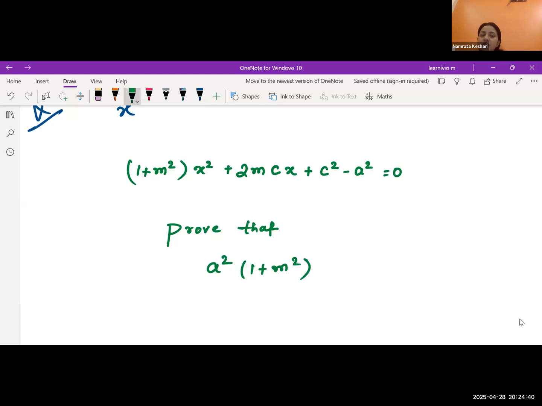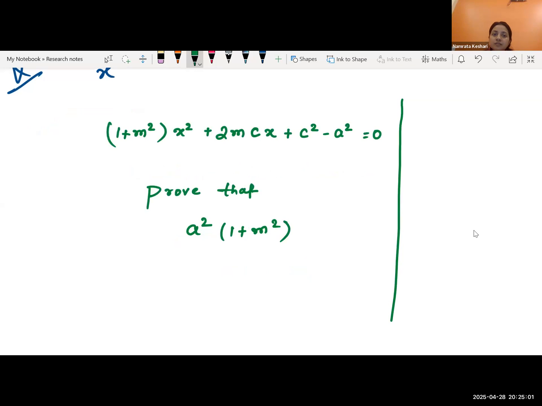Is there any given condition that the given quadratic equation has two same roots, two distinct roots, no real root or something? The roots are equal. Roots are equal. That means the discriminant must be zero, right, Inam?